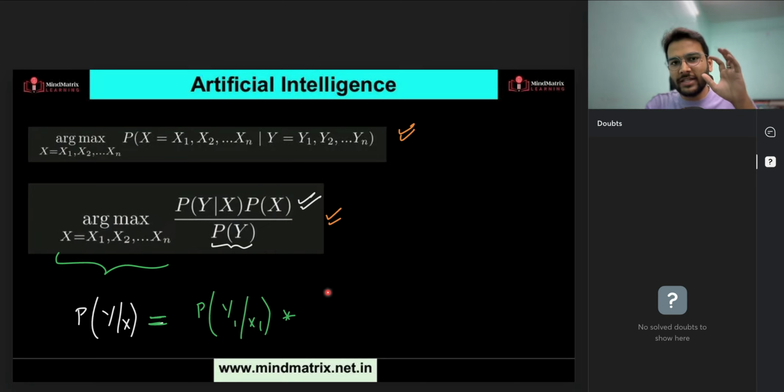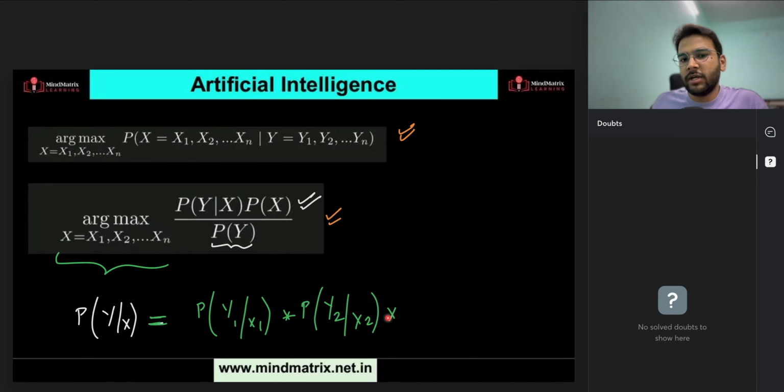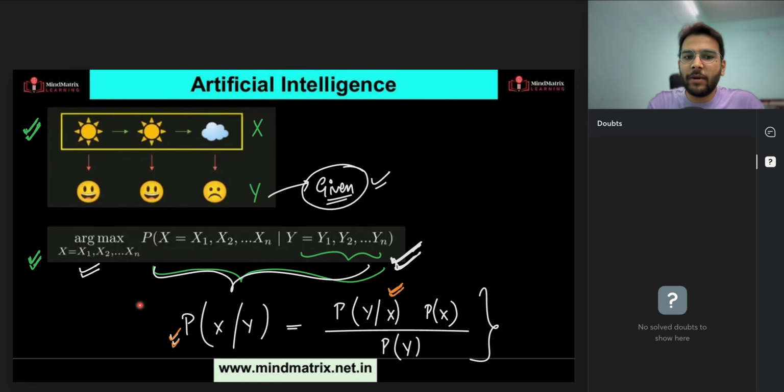That means whatever is the next state given the current state, like this we have found out. So you can simply write probability of y1 given x1, probability of y2 given x2, multiplied up to probability of yn given xn. How are we writing this? We are using the Markov property, nothing else.